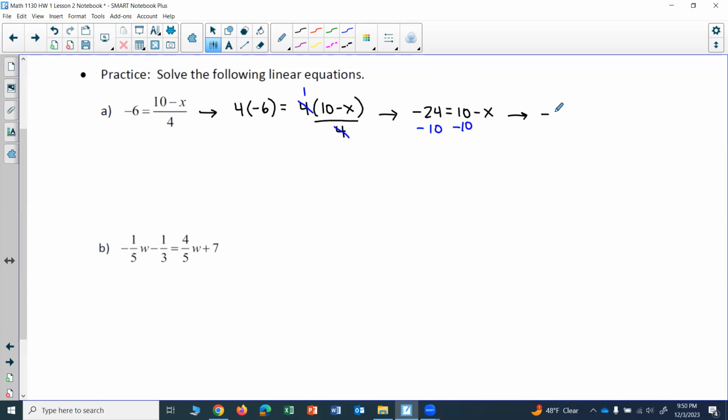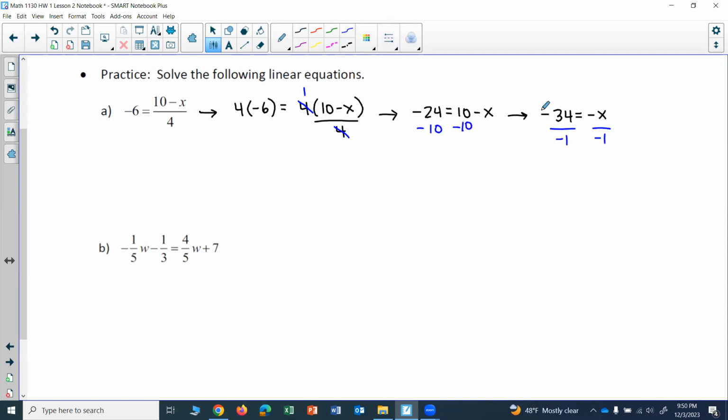Now I have -34 equals -x, and that negative in front of the x is just like a -1 being multiplied to the x. So to undo that, I'll divide by -1, and I have to do it on both sides of my equal sign.